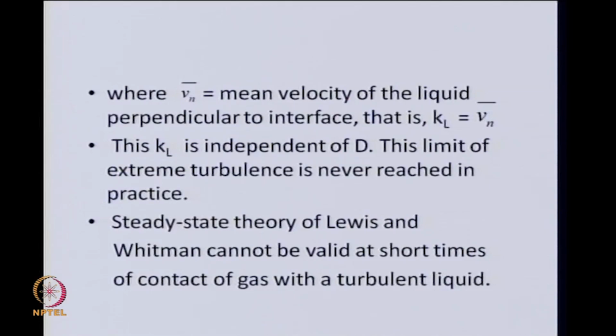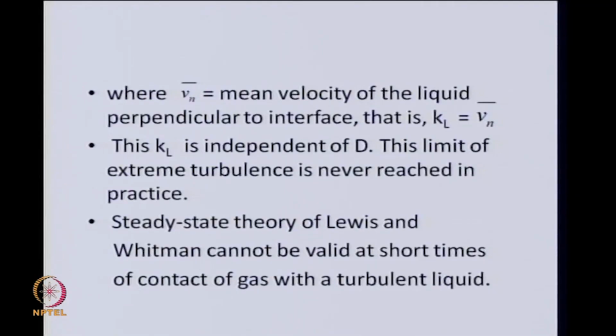On one hand, when we have stagnant liquid, we know KL will be proportional to diffusivity, the film model, and in this extreme limit of turbulence diffusivity has no role to play. Your mass transfer coefficient or resistance for mass transfer in the liquid is entirely dependent on the turbulent state of the system and that characteristic perpendicular velocity which is time average Vn bar.